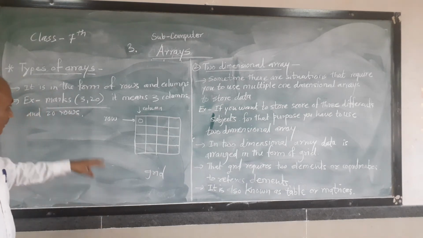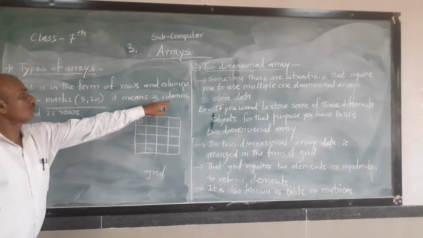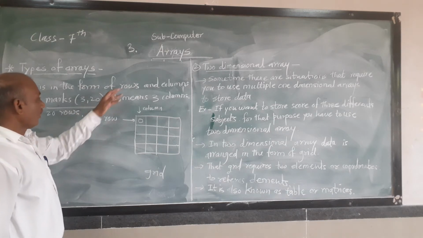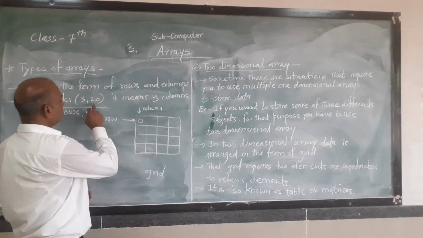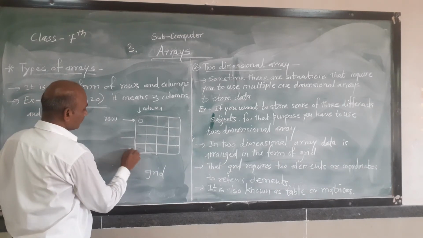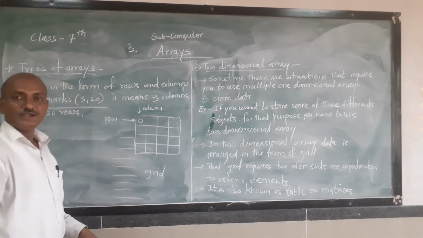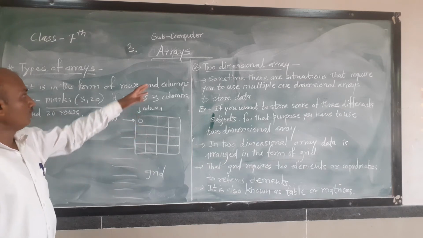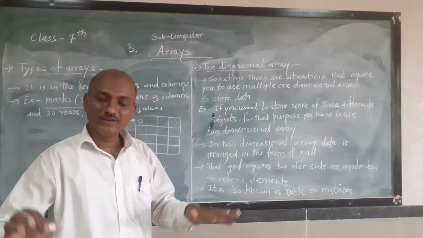Two-dimensional type. 3 means column: 1, 2, 3. And 20 means rows: 1, 2, 3, 4, 5, up to 20 rows. In this way, we can construct, design or define the two-dimensional array.